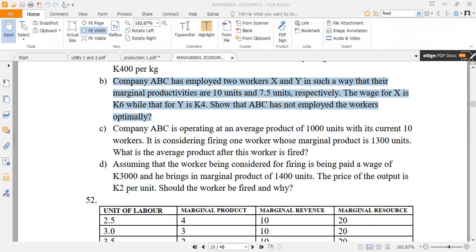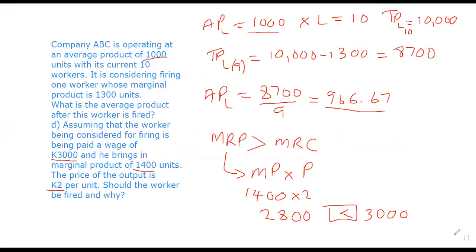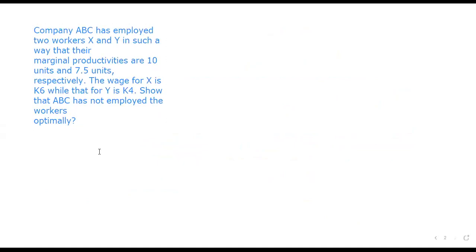So we're given the following details. There's worker X and Y. So ABC has employed 2 workers, X and Y, in such a way that their marginal productivities are 10 and 7.5 respectively.